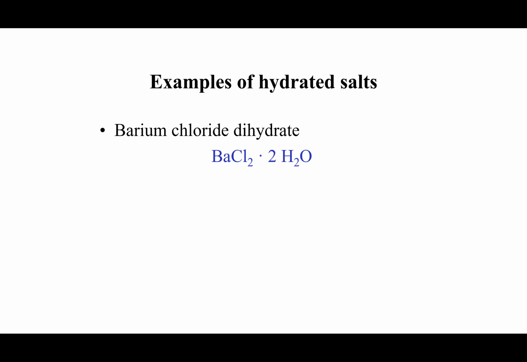The way we would write this formula is BaCl2 dot 2H2O. So if somebody gives you a formula with the word dot in it, I bet they're going to give me some waters of hydration for that ionic compound. So for every 1 mole of the anhydrous compound, BaCl2, you're going to have 2 moles of waters of hydration.